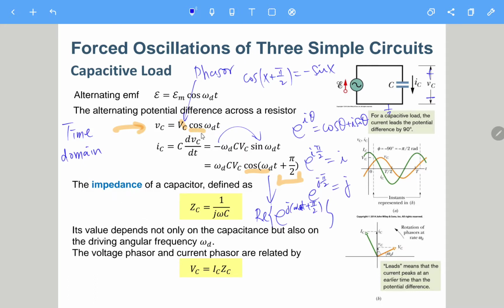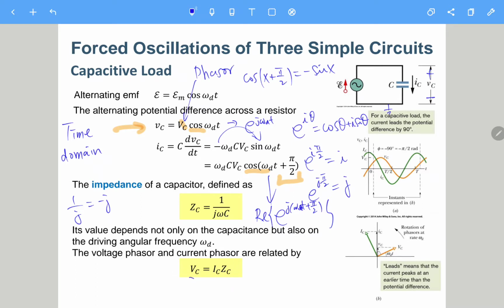So we have here, it corresponds to e to the j omega t, and then this one over this one, and then we will have e to the negative j pi over 2. So this j should be in the denominator, because 1 over j is negative j. So usually we will write it as 1 over j omega C rather than minus j omega C, although they are actually the same.